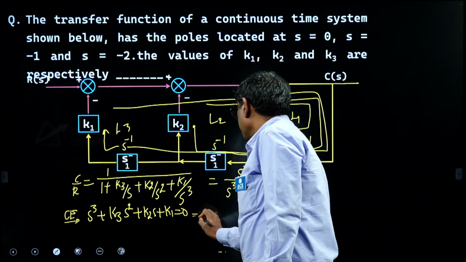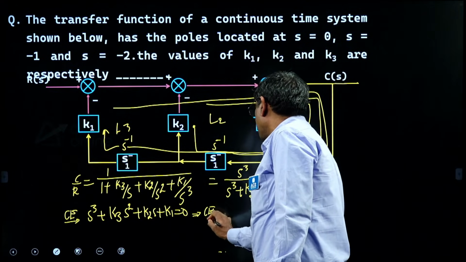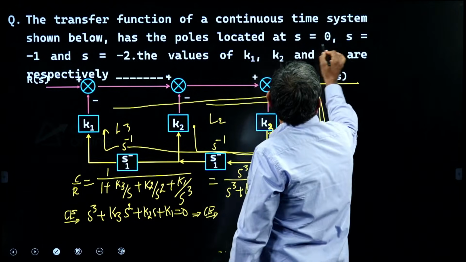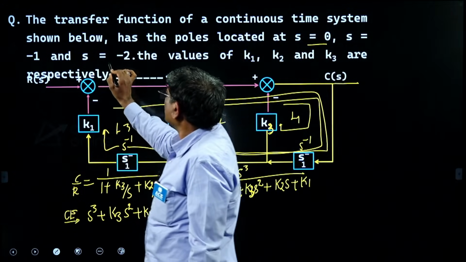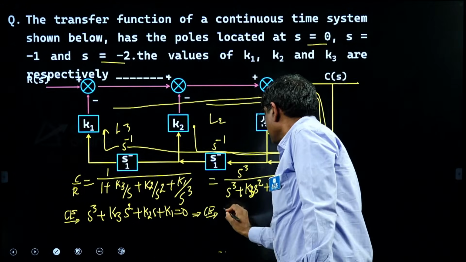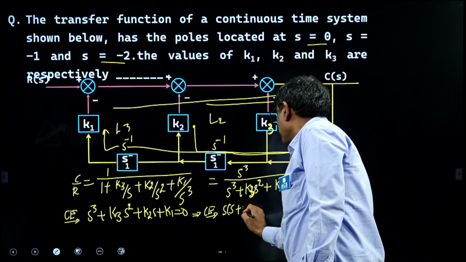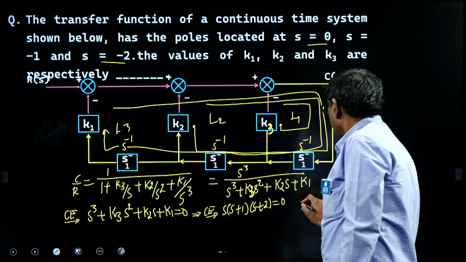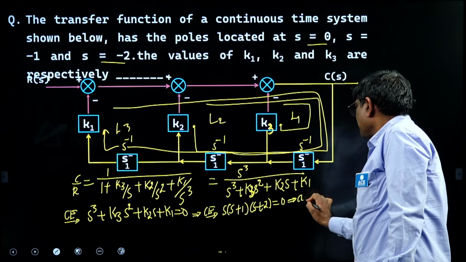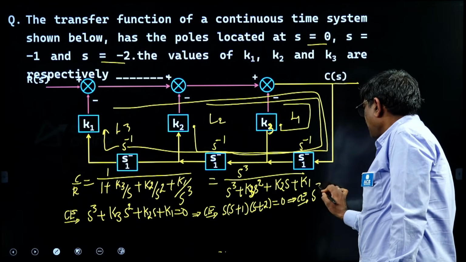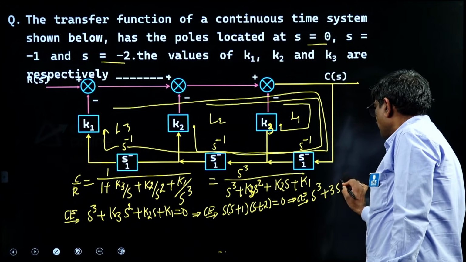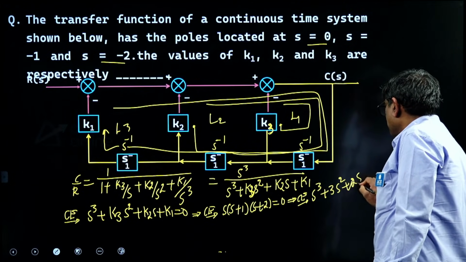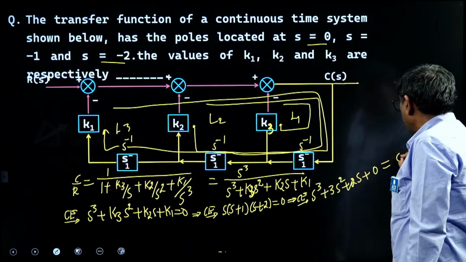Given data: one pole at origin, one pole at -1, one pole at -2. That means S into S plus 1 into S plus 2 equal to 0. If you expand it, S cube plus 3S square plus 2S plus 0 equal to 0.